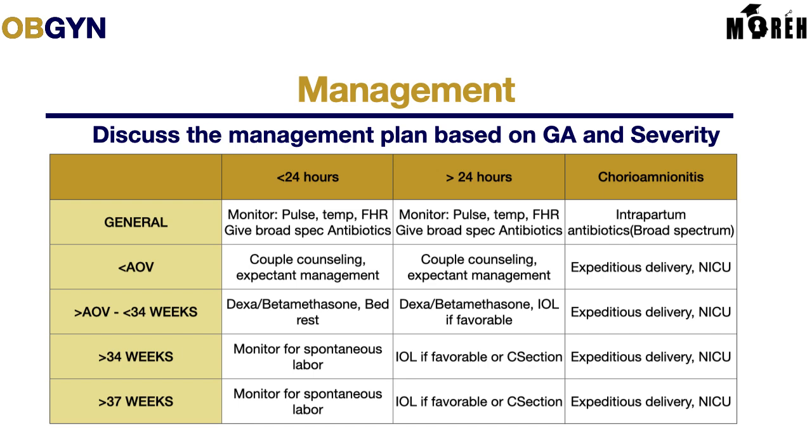Inform NICU, expedite delivery, in spite of the gestational age, because there's compromise to the mother. If we allow the chorioamnionitis to continue, the patient may end up having sepsis. So once there's chorioamnionitis, we expedite delivery.